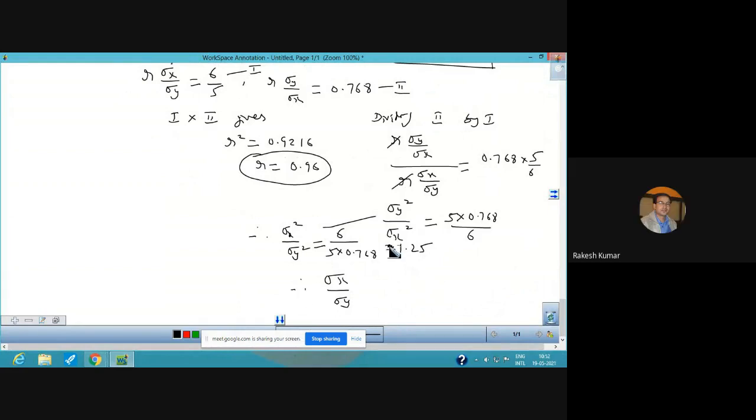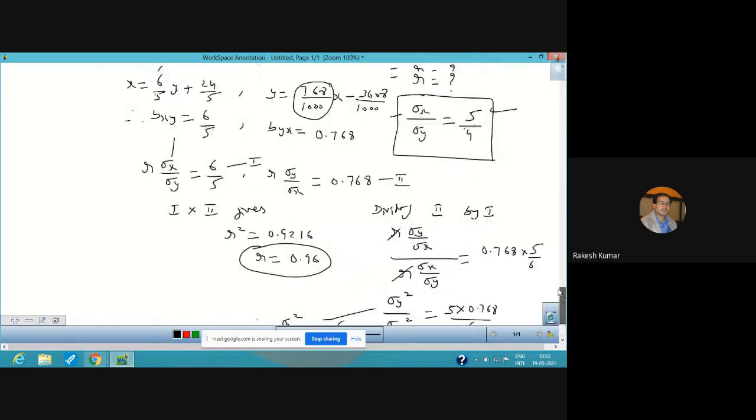And that should be 1.25 into 1.25, so that comes out to be 1.5625. After taking the square root, you will have 1.25, and this is your value 5/4. This is what we wanted to prove. So the ratio of variability of x to y is 5/4.